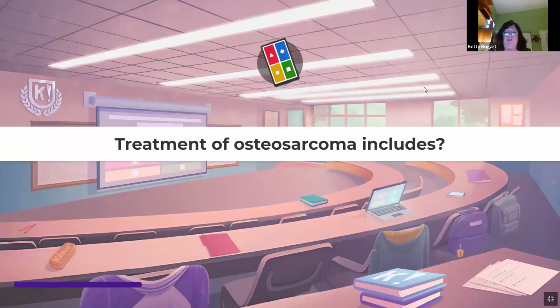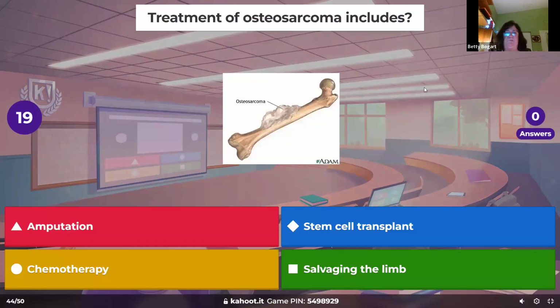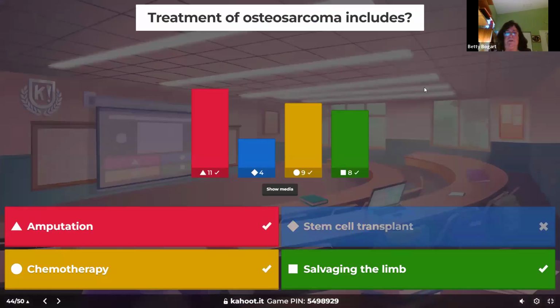Treatment of osteosarcoma includes... So we either do amputation because sometimes we can't salvage the limb.